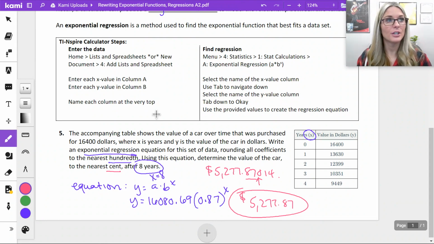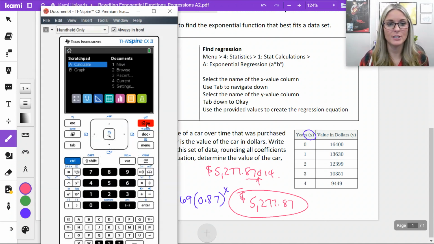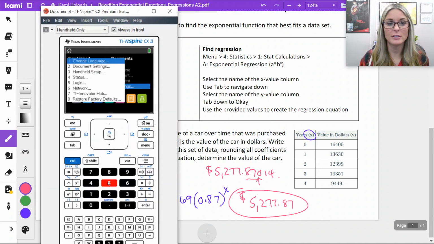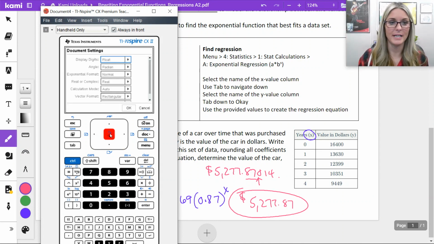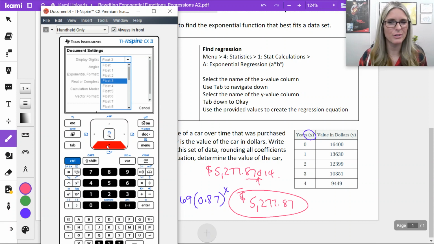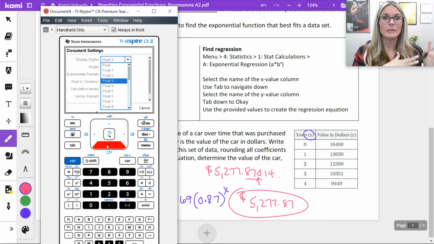Now I said if your calculator is not showing all your decimal places, go to your home screen and check your settings on document settings. If you're not seeing all your decimal places, in document settings, you want to make sure this first one says float. I think sometimes it defaults to float 3. And what that would mean is it tells the calculator, my digit view, only show me 3 digits.